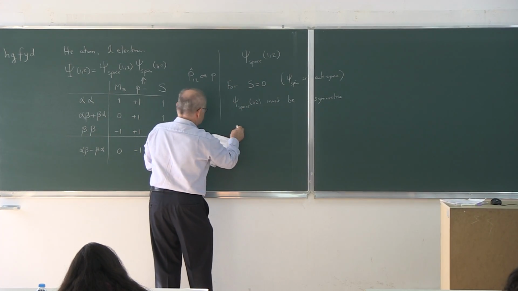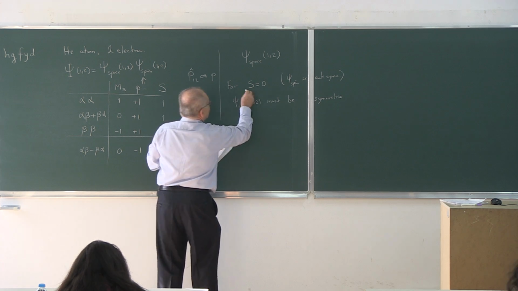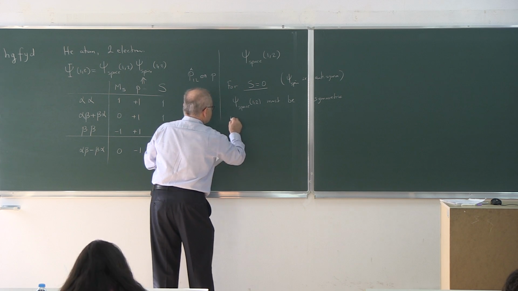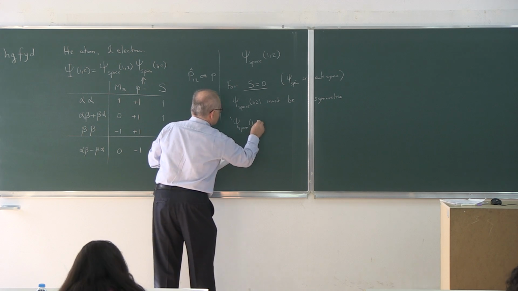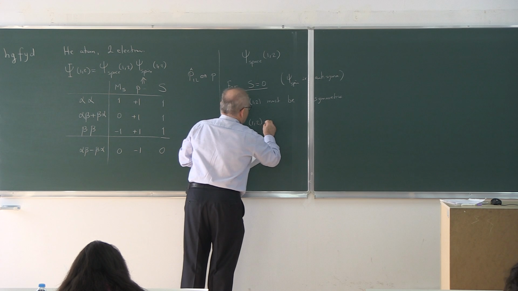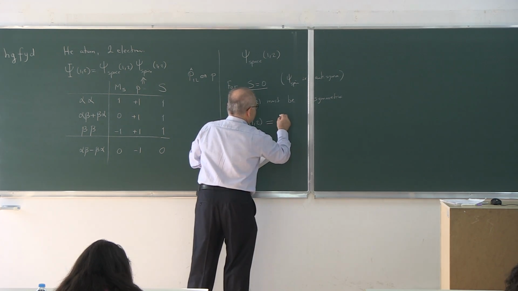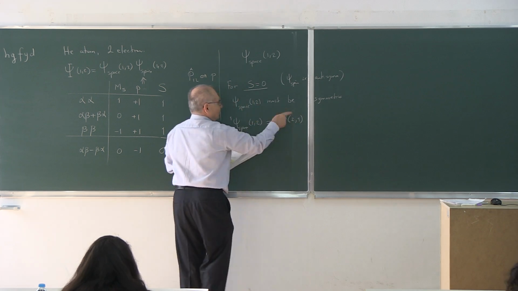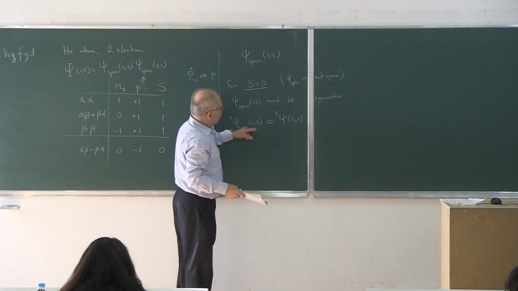It means that for S equals 0, this function, which we may write as singlet psi space, must have this property. If you exchange the electron labels, 2 with 1, the function values must be same.